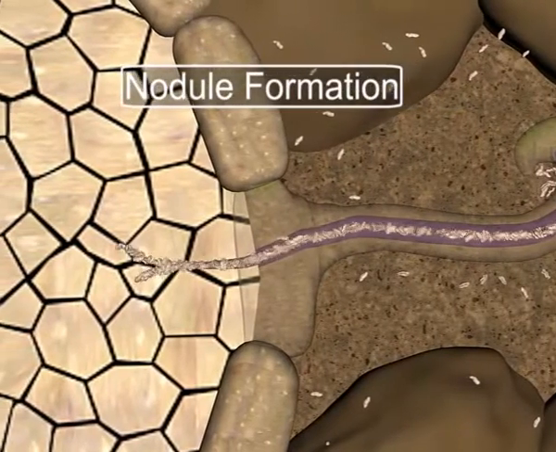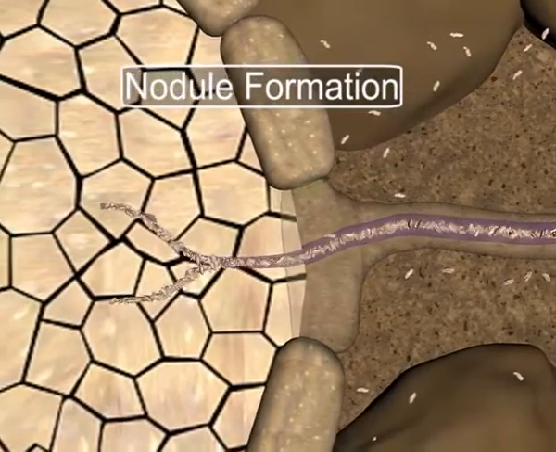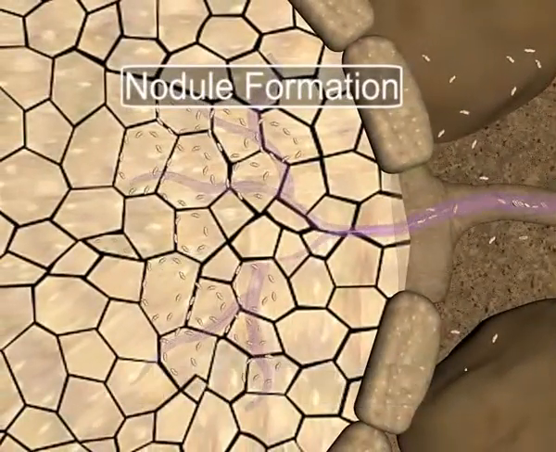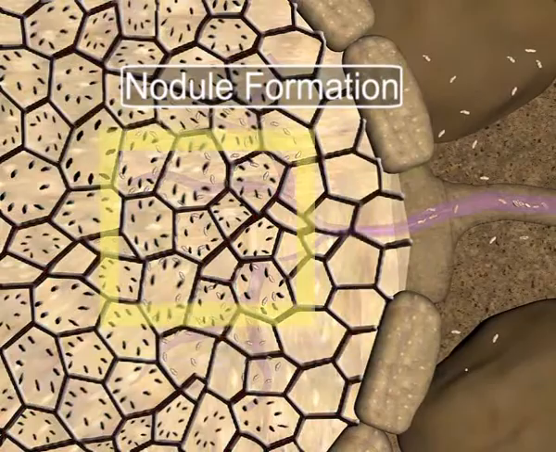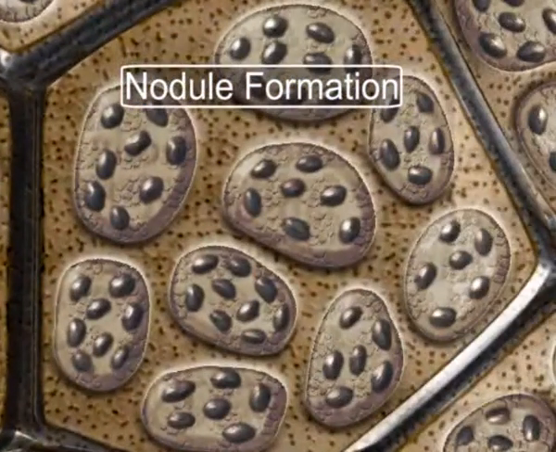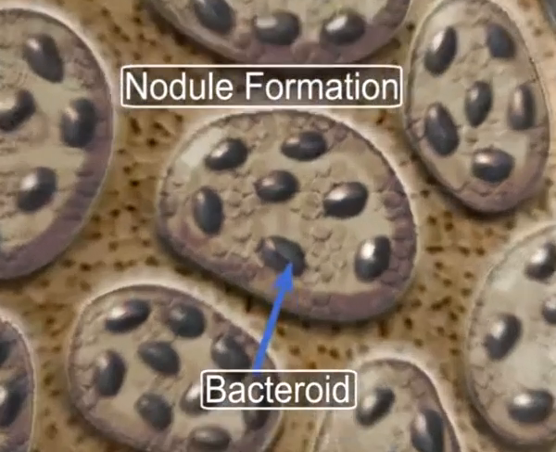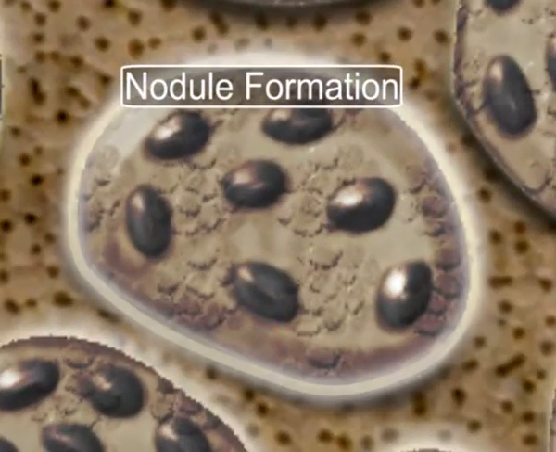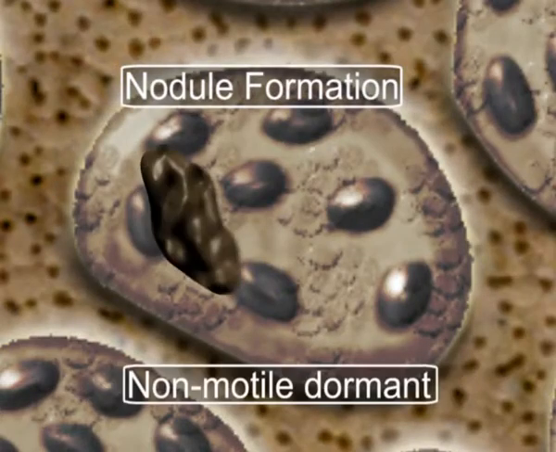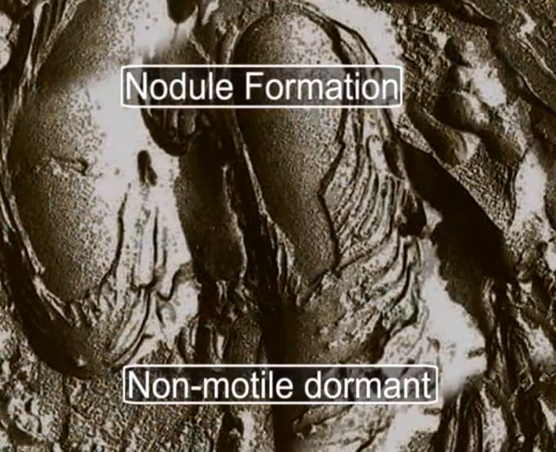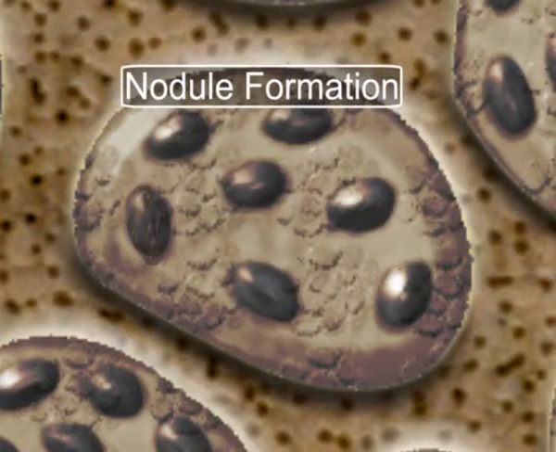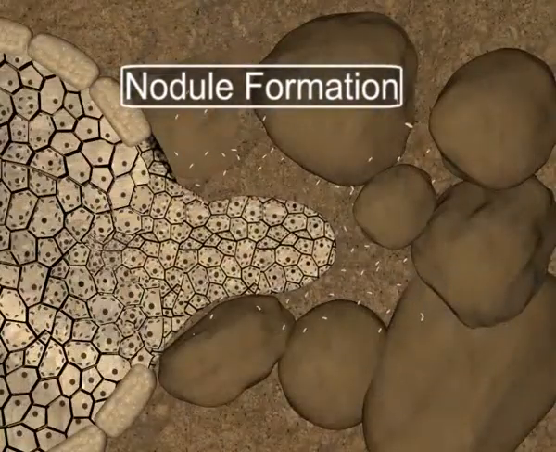Infection threads grow to the nodule, infect its central inner cortex tissue, and release the rhizobia in these cells, where they differentiate morphologically into bacteroid. The bacteroid has a peribacteroid membrane, and this is a non-motile dormant form of bacteria. The small nodules are then visible within a week, as shown here in the visual.